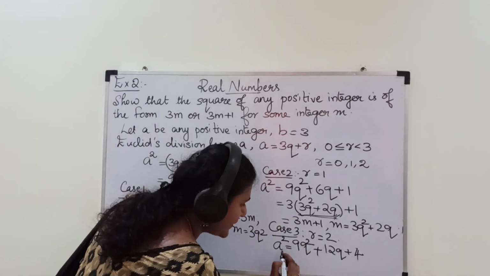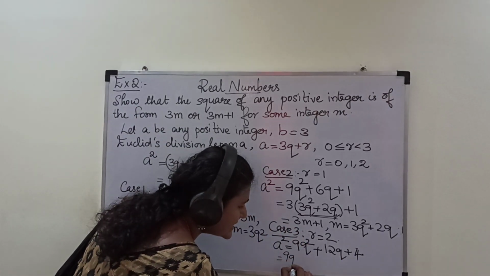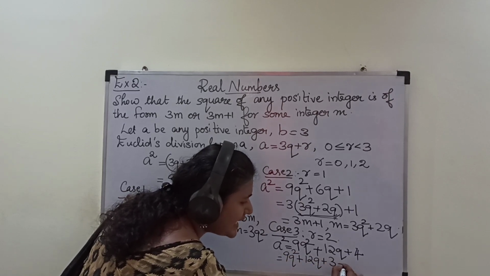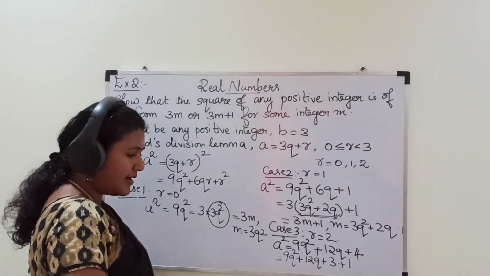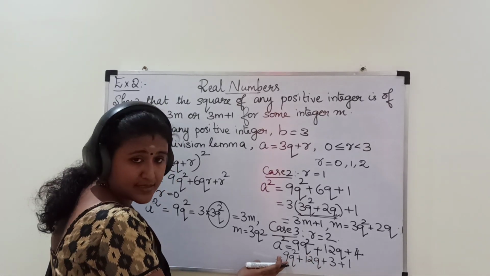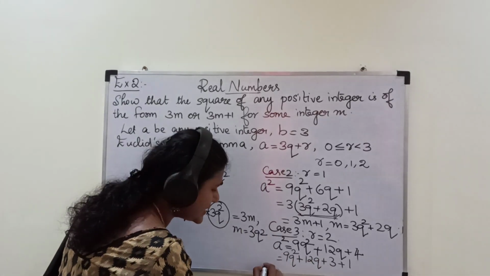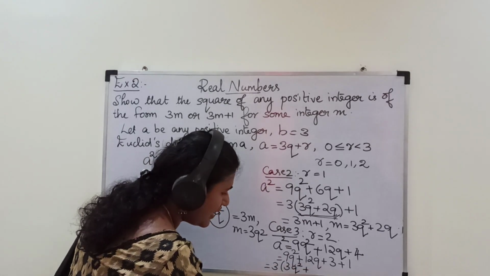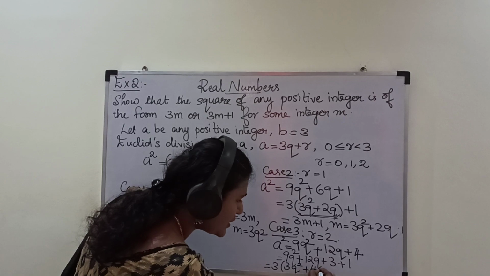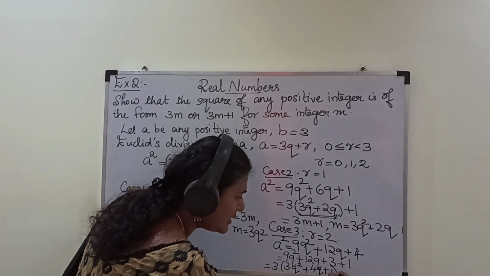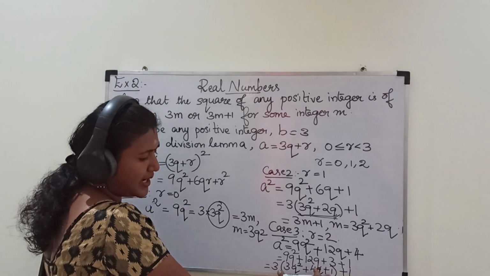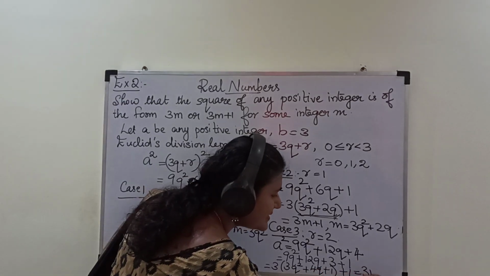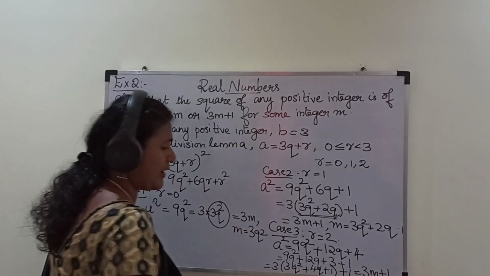We will write this expression as 9q square plus 12q plus 3 plus 1. Here from the first 3 terms we will take 3 outside. So 3 into 3q square plus 4q plus 1, plus 1. Here this expression is m. So we can write this as 3m plus 1.